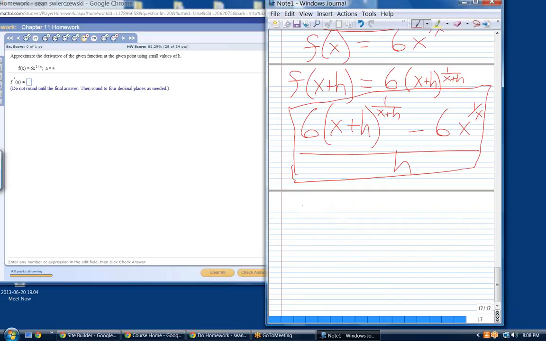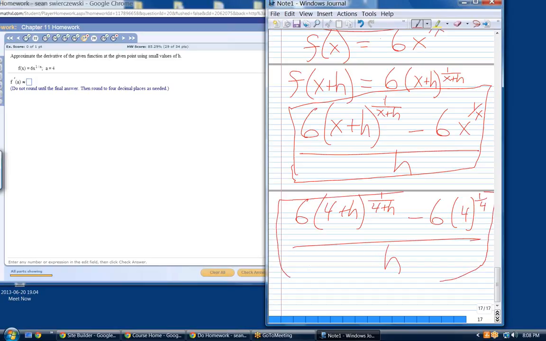So it's really the following: 6 times 4 plus h to the 1 over 4 plus h minus 6 times 4 to the 1/4, all over h. So this is the function in your calculator that you want to plug in an h of 1/millionth.